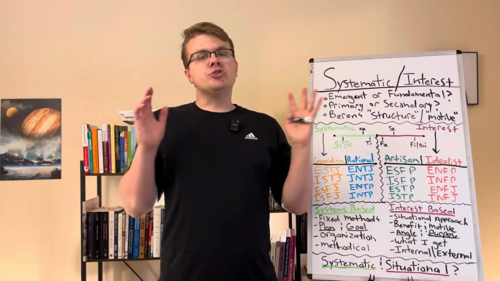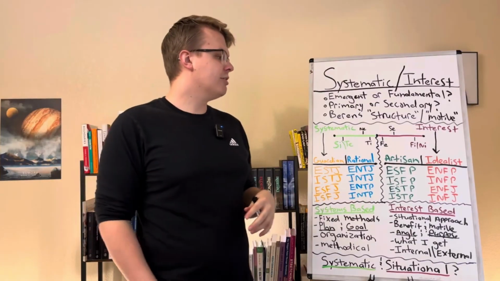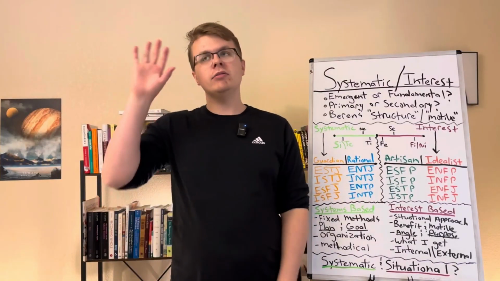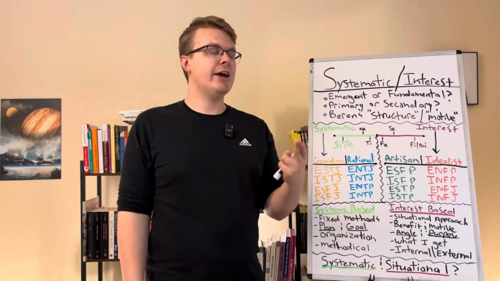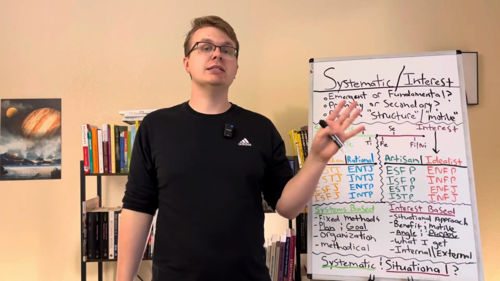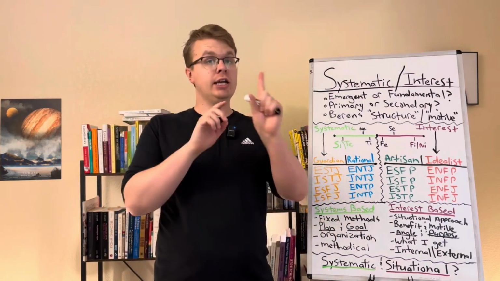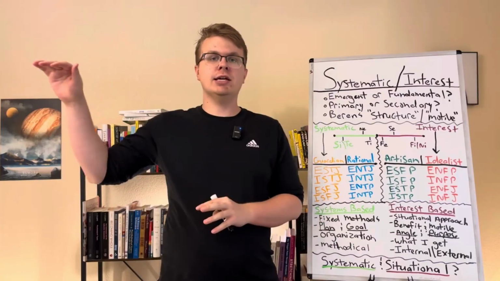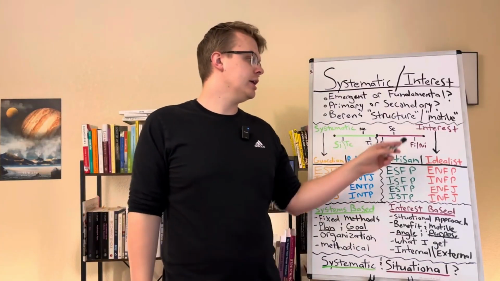On the other side of it, okay, FI is really the true interest function here, at least for self and interest. All of the types that are FI hero or FI parent, this is all the FPs, are interest-based types. And even though the ENTJ and INTJ, who are NI users and systematic types, all other 6 NI users are interest-based.